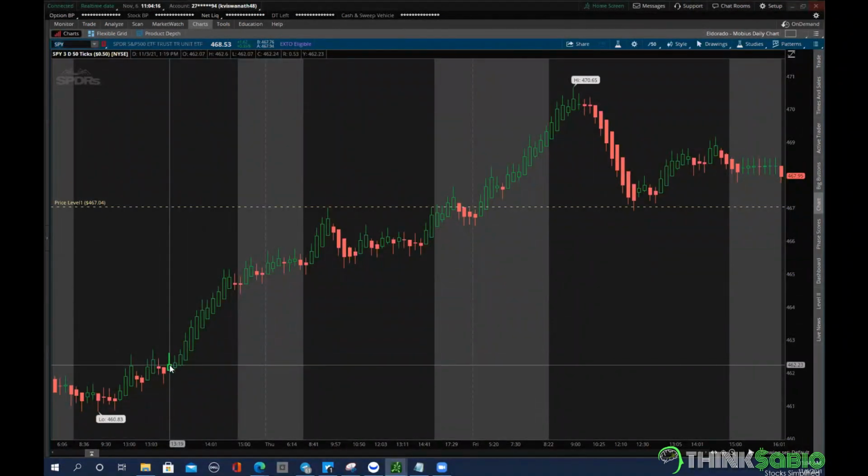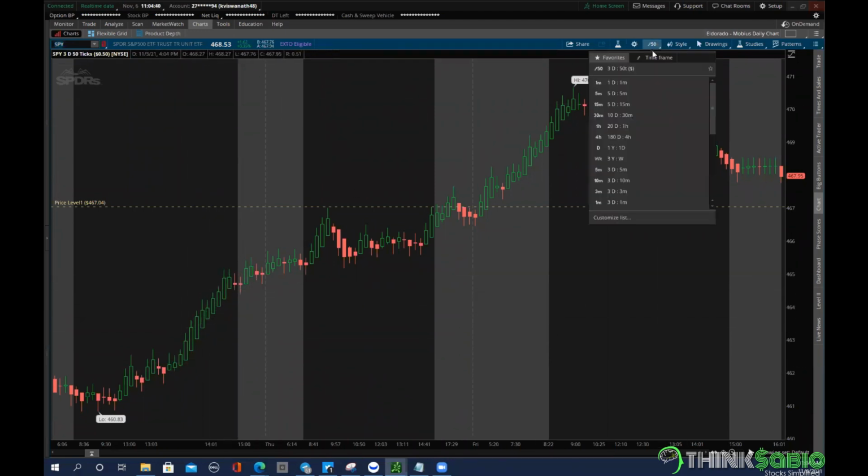This is when Powell had good news a few days back. And from here to here, there are more candles than from here to here. In the last 2 hours, there are more candles than for the rest of the day. That's because the price is moving. The candle will only form when the price is moving, right?